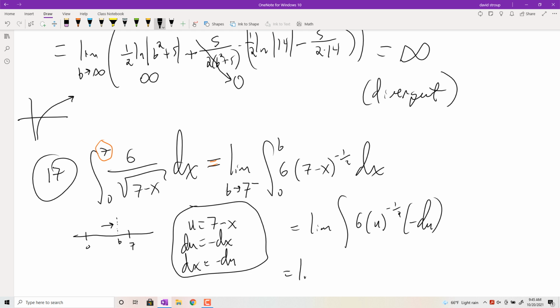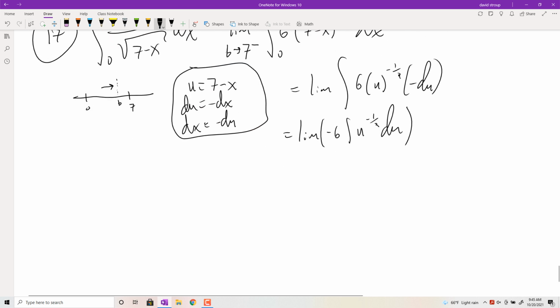So this will be the limit of negative 6 integral of u to negative 1/2 du. Okay, so this would equal the limit of negative 6u to negative 1/2 plus 1 is negative 1/2 plus 2/2, which is positive 1/2, divided by 1/2 is the same as multiplying by the reciprocal of 1/2, which is 2.